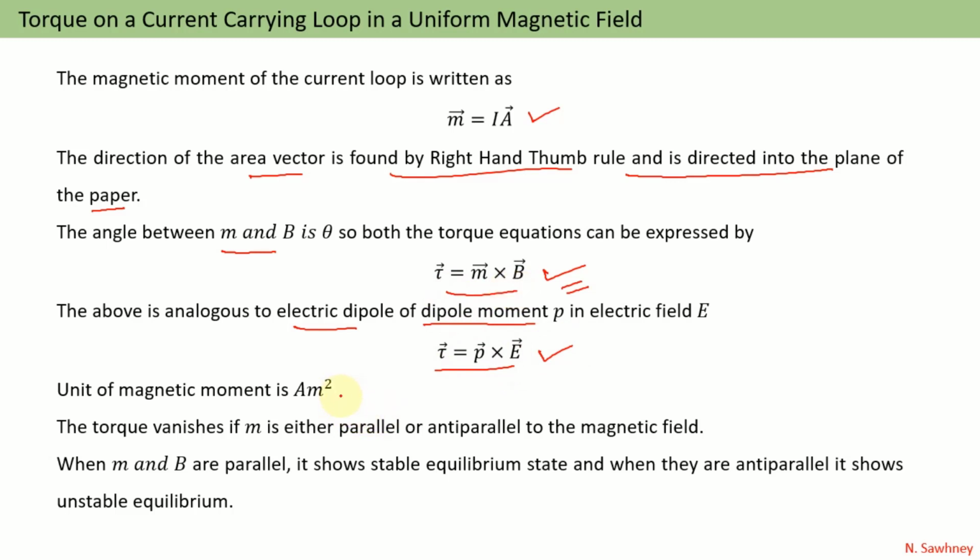The unit of magnetic moment is ampere meter square. We can calculate it from this formula only. And the torque vanishes if the magnetic moment is either parallel or anti-parallel to the magnetic field. When magnetic moment and magnetic field are parallel, it shows stable equilibrium, and when they are anti-parallel, it shows unstable equilibrium.